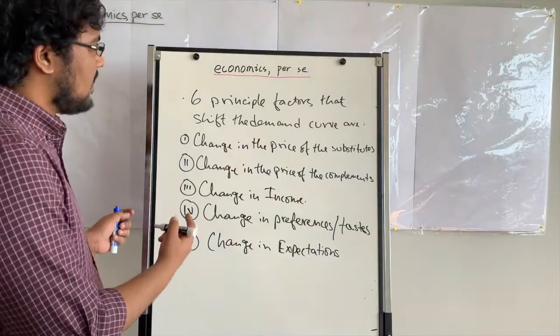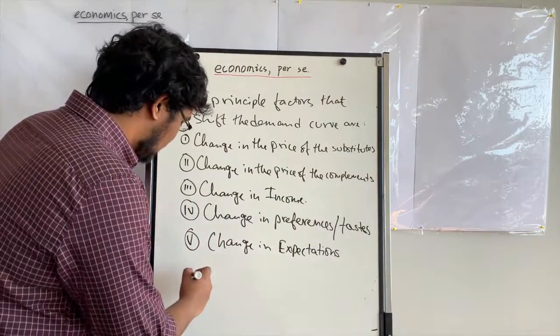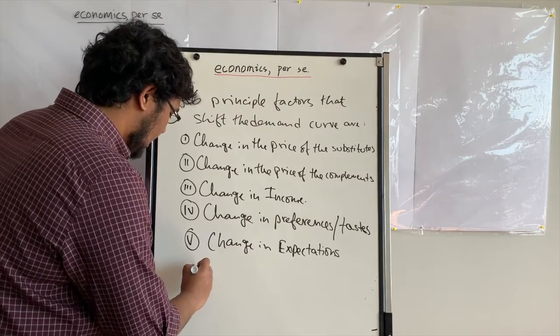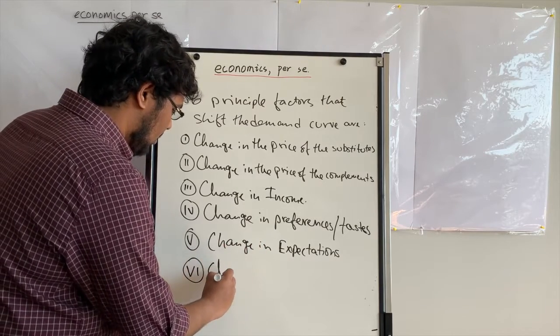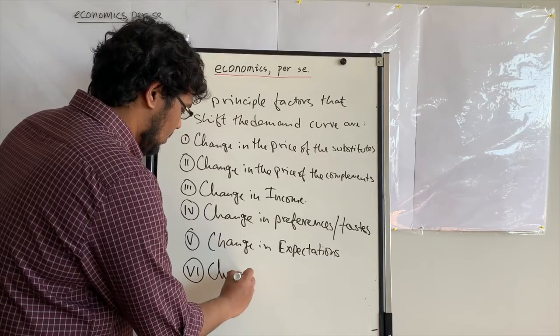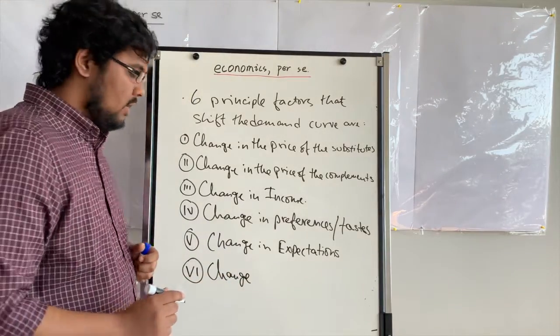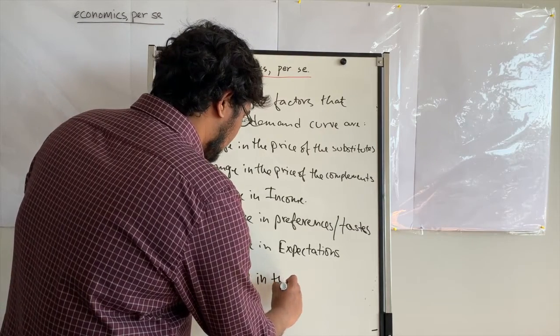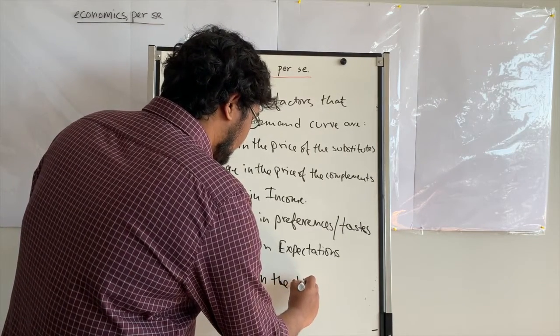Now, the sixth and the final principal factor that shifts the demand curve, either rightward or leftward, is change in the number of consumers.